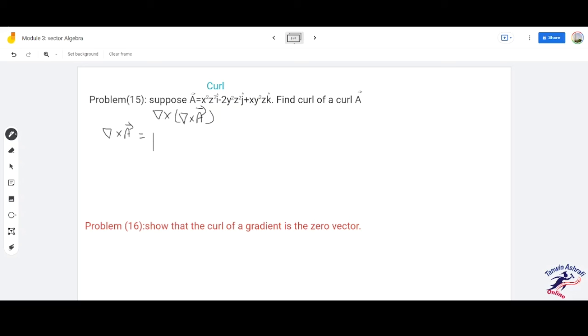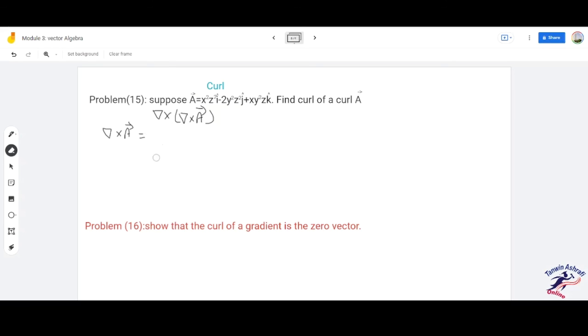So del cross A is the determinant with i cap, j cap, k cap, del by del x, del by del y, del by del z. Let me write it bigger so that we can have a good feel.